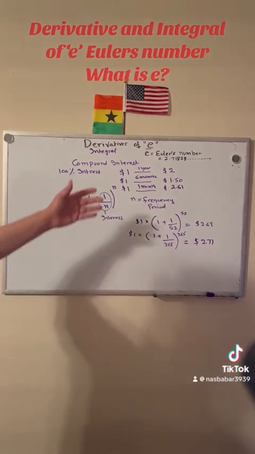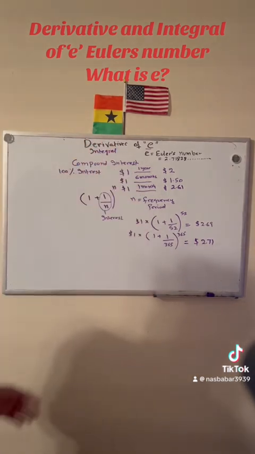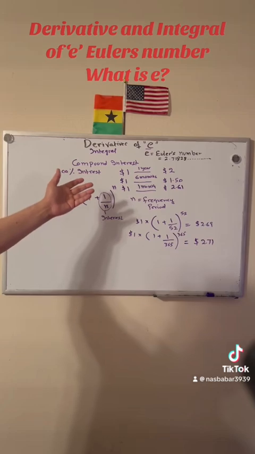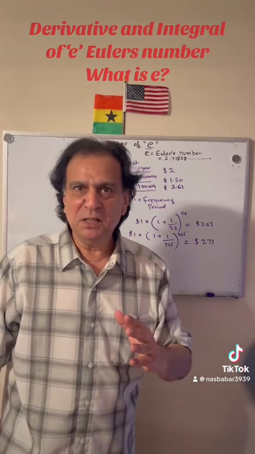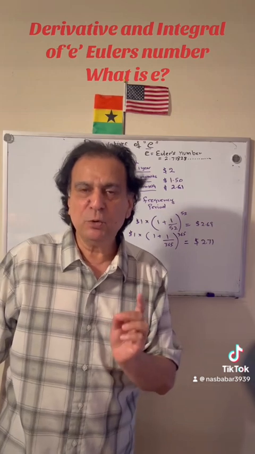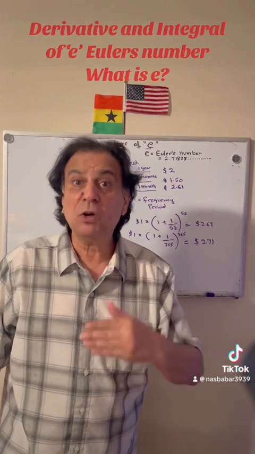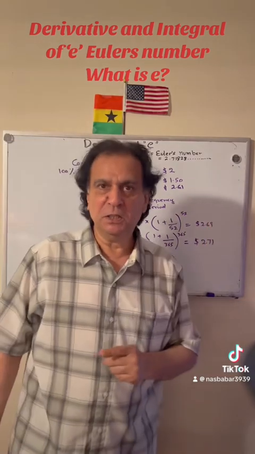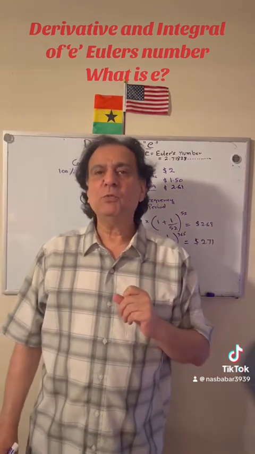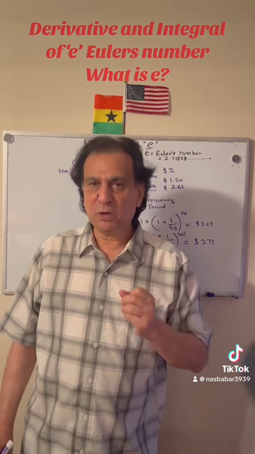So you see, my friends, this pattern right here: if you increase the frequency of the time period where you're getting interest, that's called compound interest, you will get more money at the end of the year. Same thing, watch out when you apply for a credit card.